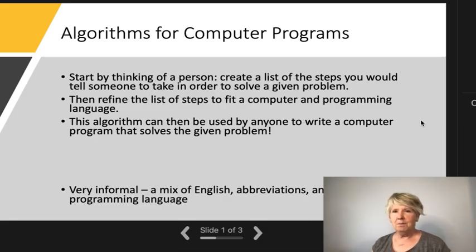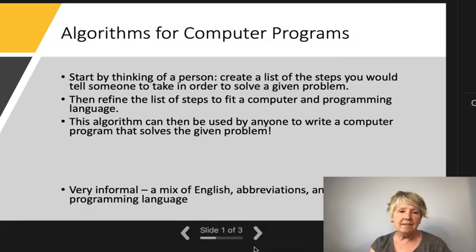This algorithm, because that's now a computer programming algorithm, can then be given to anybody who knows how to program in this language, and they can use it to make a very specific program that solves the problem in the way that you wanted it solved. Okay, they can follow your steps.